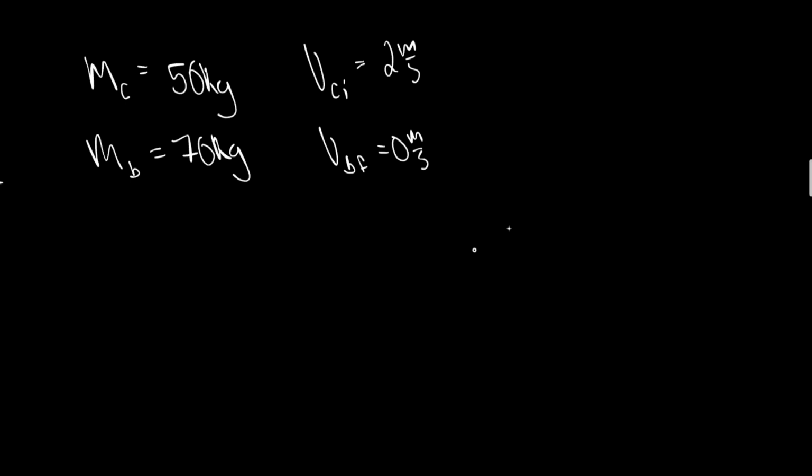So recall that our impulse is denoted by J, and it's equal to delta p, or change in momentum, which is also known as my final momentum, p sub f, minus p sub i for my initial. And we're finding how large of an impulse the boy gave to the cart, so we're only focusing on the boy's momentum.